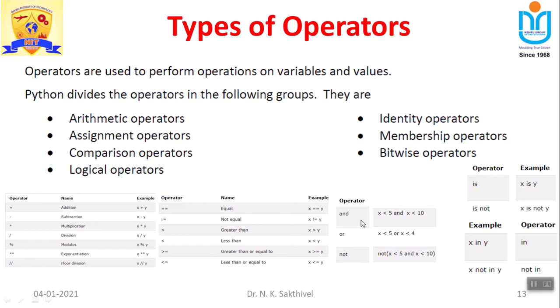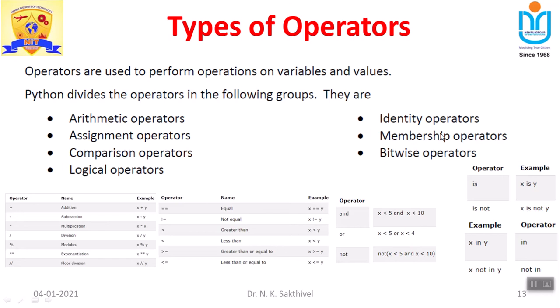You already studied logic, so you know very well. As far as OR is concerned, if either one of the inputs is true, the output is true. Not means the opposite: if the condition is true, the output is false. That is called logical operators.